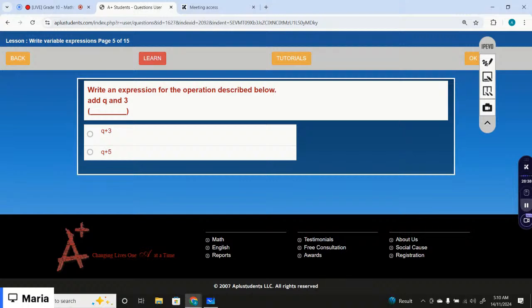Add q and 3. So that is q plus 3. Okay, you can complete the lesson by yourself later today. Let me just move on to the next lesson.